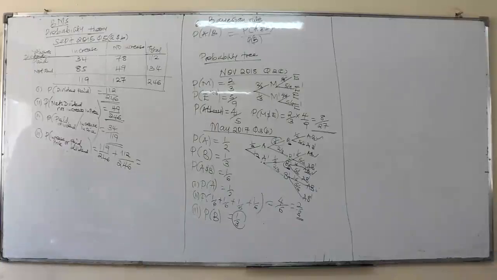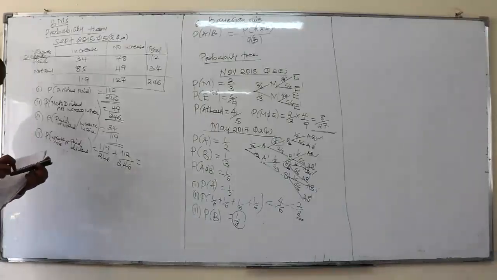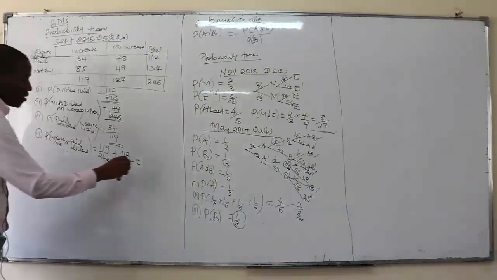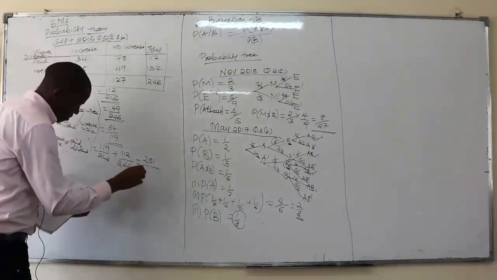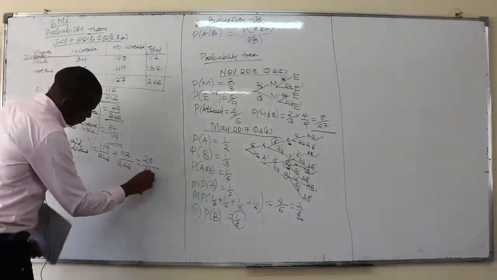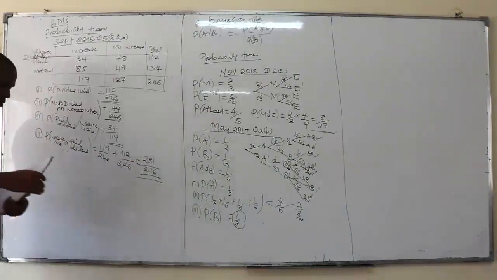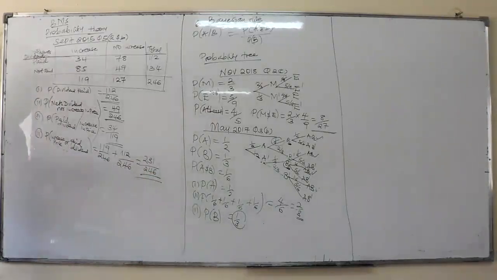When you check 119 plus 112, that is 231. That is over 246. That is how you require to do it.